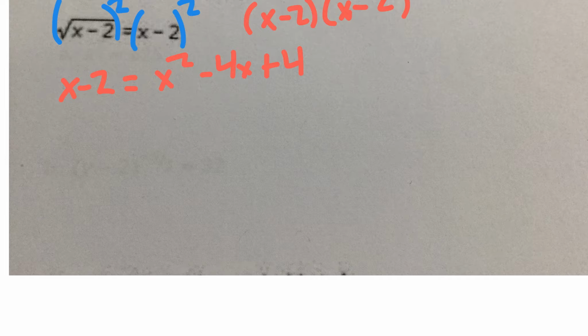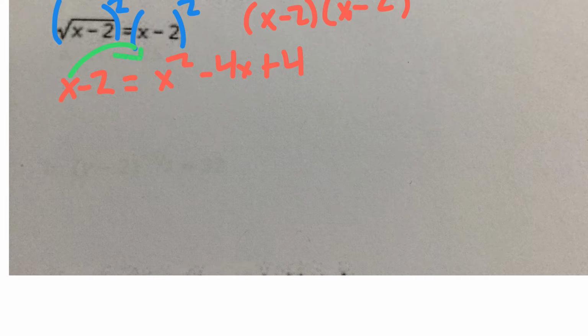And now I have gotten rid of all of my radicals. Now I notice I have an x squared and an x. So let's get everything to one side because I want to set it equal to 0, since I do not have an x to the first power only. So move everything over to one side, set it equal to 0.